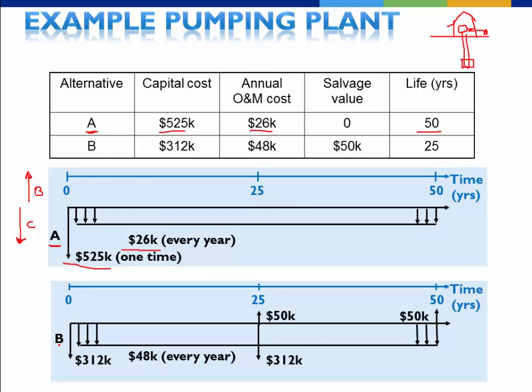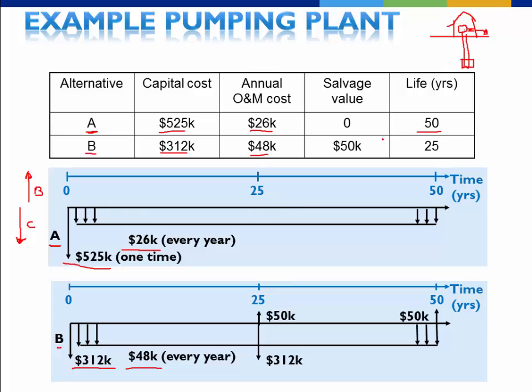Now, project B, actually, the pump house and the pumps are a little bit less expensive than the first one, $312,000. However, the annual cost is $48,000 every year.